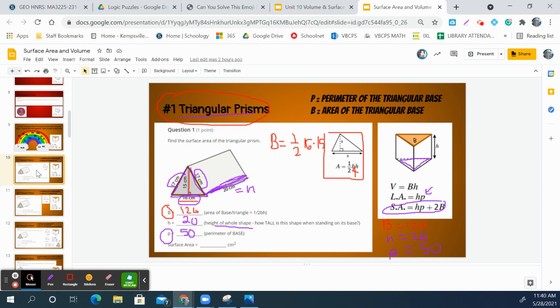What'd you get? So 16 times 15 divided by 2 is 120. So when we put this into the surface area formula, we've got a height, which is 20.